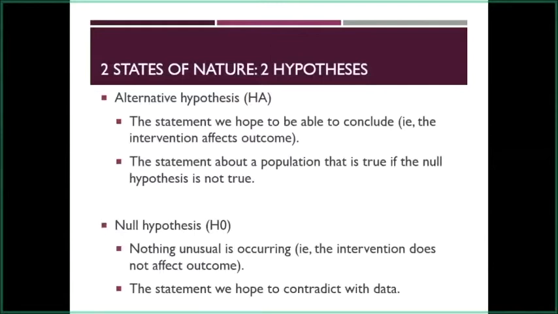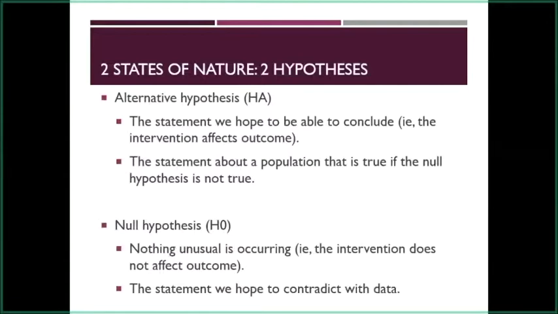That's the alternative hypothesis. And the null hypothesis then is just the opposite of that. What is true if the alternative is not true? In the definitions you see on the screen, what I've said is that the null hypothesis is the statement we hope to contradict with data.